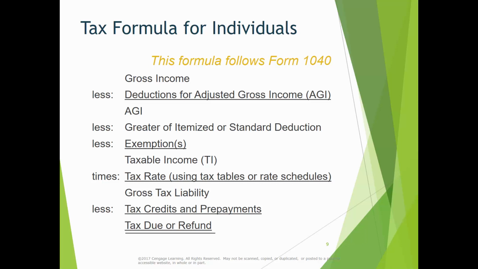Then there's 2 things you get to deduct. Everybody gets to deduct. One, the greater of your itemized or standard deductions. A standard deduction is a deduction that everybody gets based upon your filing status. Am I single? Am I head of household? Am I married filing jointly? Am I married filing separately? Or am I qualifying widow or widower? 5 choices.